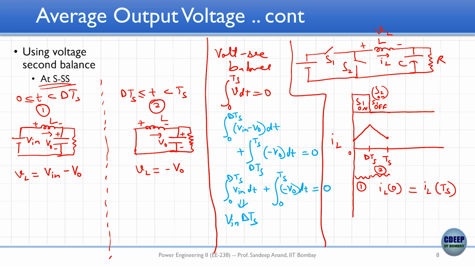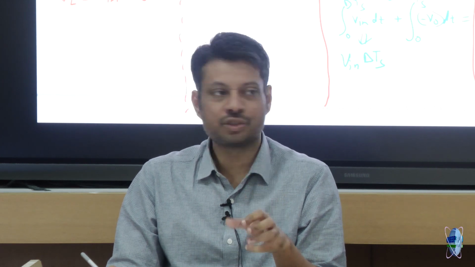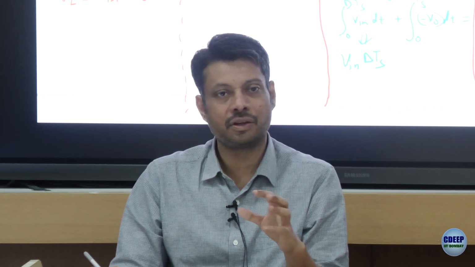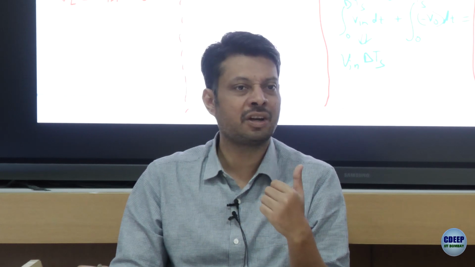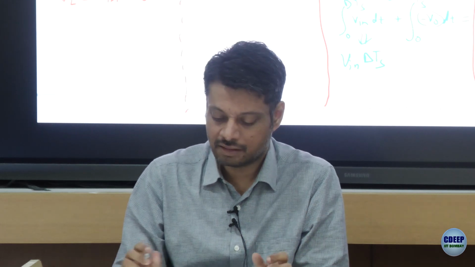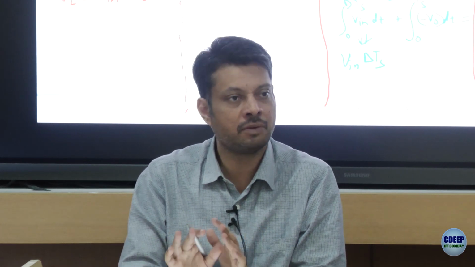If Vin is constant, it is equal to that constant Vin multiplied by d into Ts. As far as this course is concerned, in the ideal scenario Vin will be constant. The reality may not necessarily be very stiffly constant, it may still be fluctuating, but for all practical purposes as of now we assume Vin to be constant for all the circuits that we analyze in this course, right.